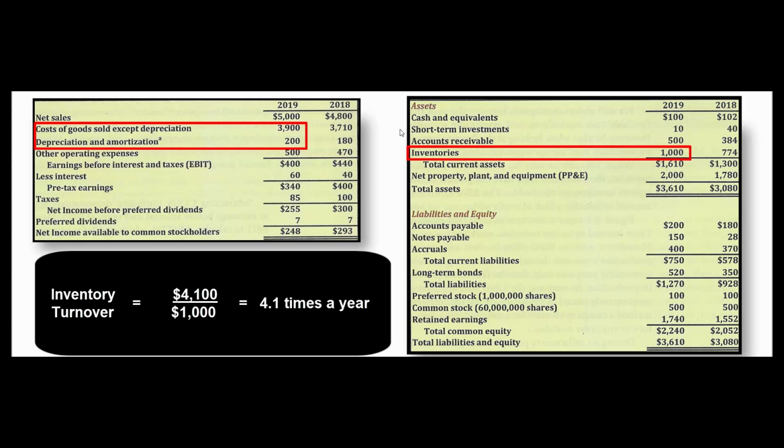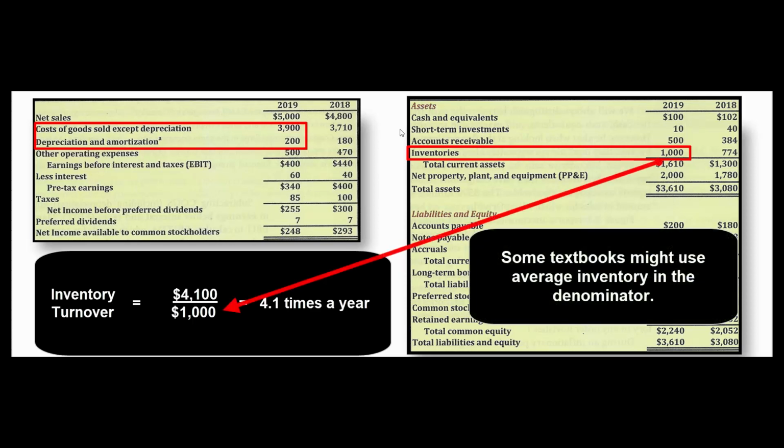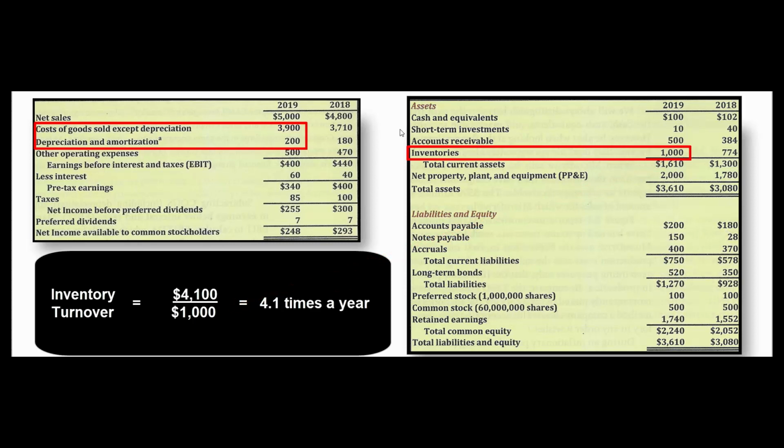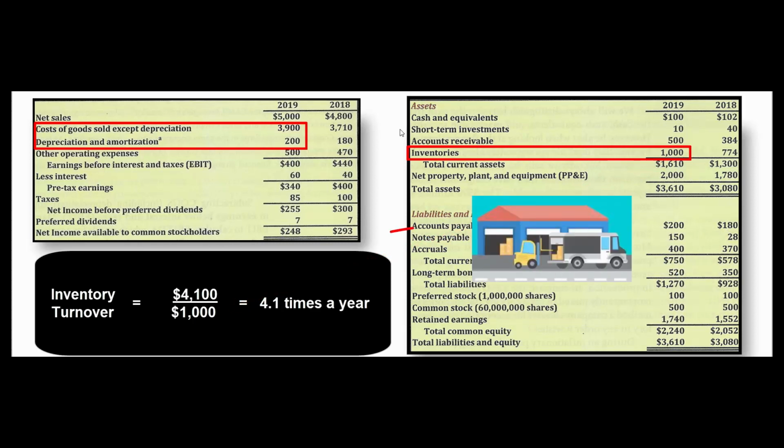So our total cost of goods sold is 4,100 over our ending inventory of 1,000. Again, other textbooks might take an average inventory, but today we're just going to take our 4,100 over 1,000 for a 4.1. Is that good or is that bad? We'll look at last year's, we'll look at the year before, we'll look at the industry average to try to determine if we're filling up our warehouses and emptying them out fast enough.